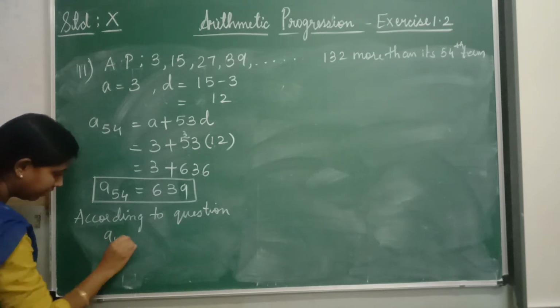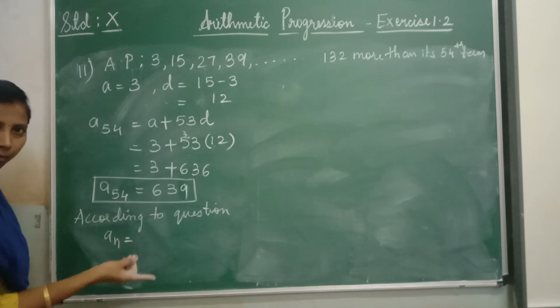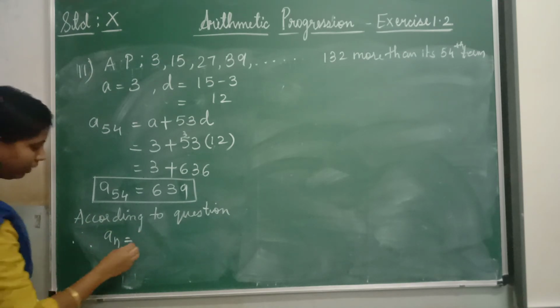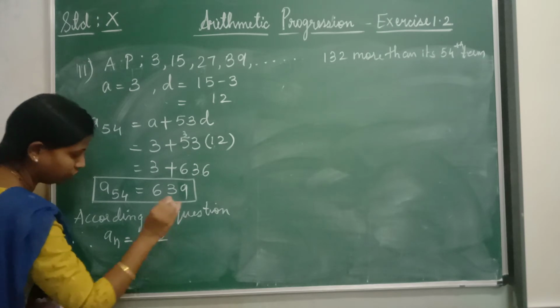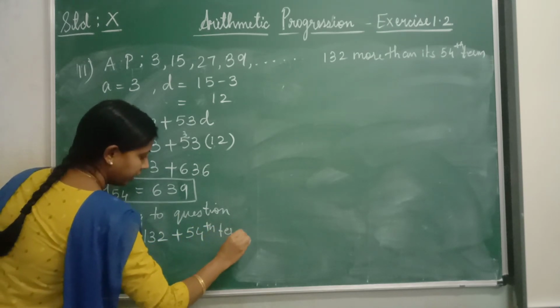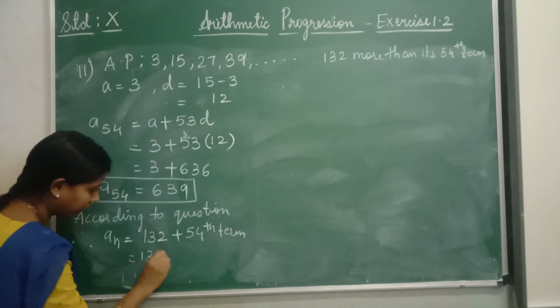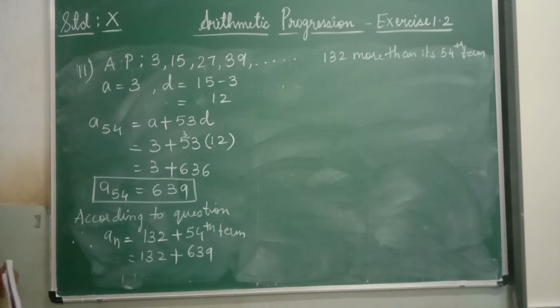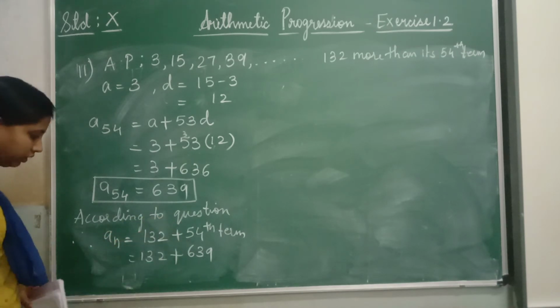So we will take that number as the term an. Therefore an will be equal to 132 plus the 54th term. What is the 54th term? 639. So an equals 132 plus 639.